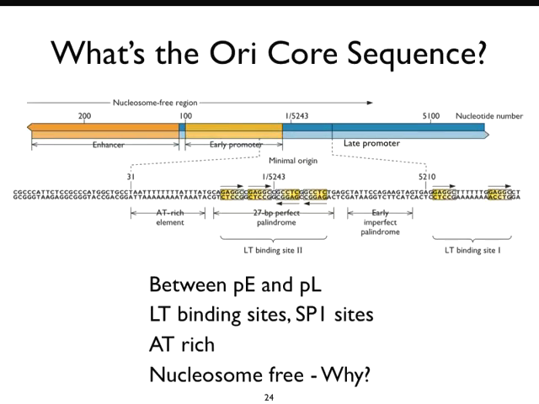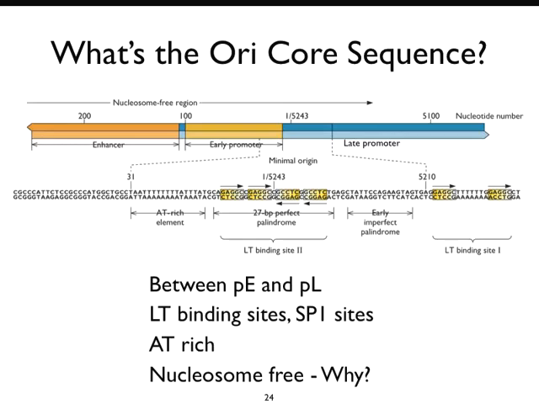Okay, we're back to the core sequence, and this is where the virus initiates its DNA replication. This origin is between the promoter for the early region and the promoter for the late region. And that's because this is an area that opens up and is nucleosome free. And it's nucleosome free so that there's accessibility.